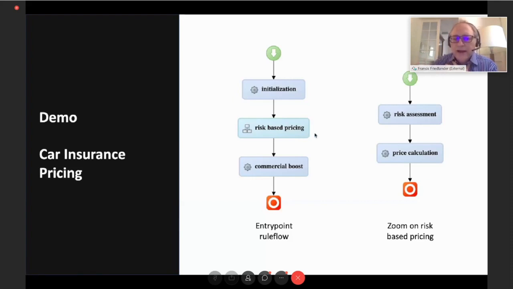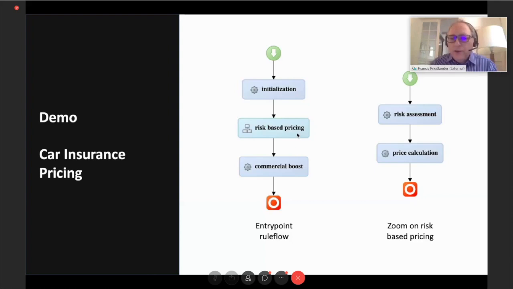First, you are going to calculate a price based on the risk. And second, you are going to apply some commercial boost rules. Maybe at the end of the day, you are going to lose money, but you are going to gain some clients, etc. So this is very complex to determine whether this is sustainable. But at least this shows how you could make your pricing decision.